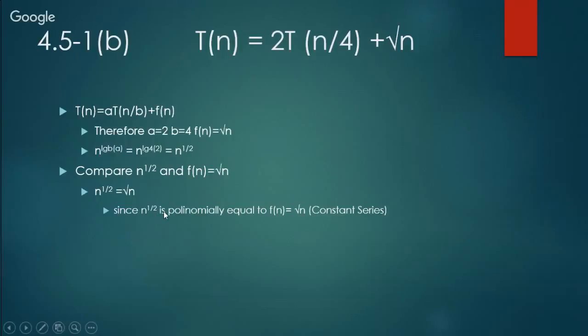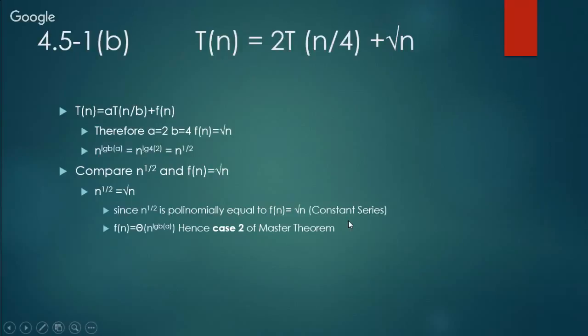Since they are polynomially equal, it has the behavior of a constant series. Therefore, that is case 2 of the master theorem.